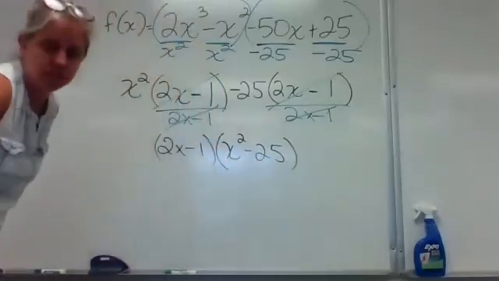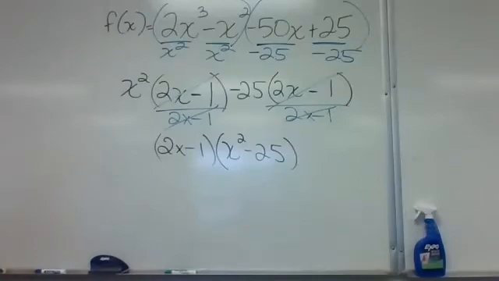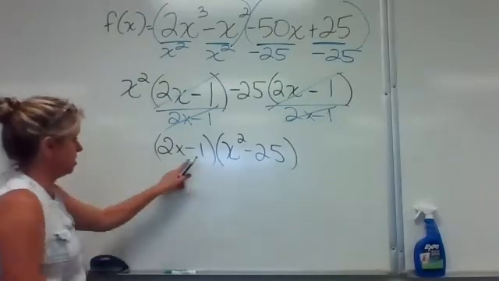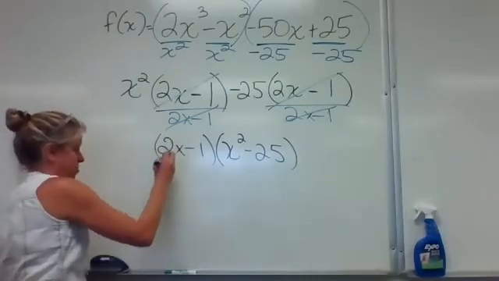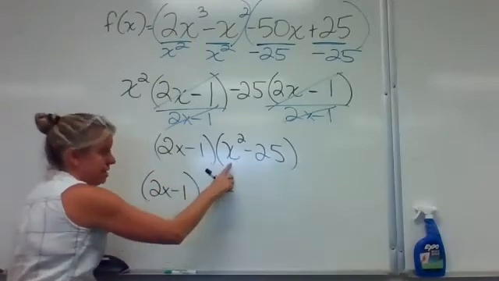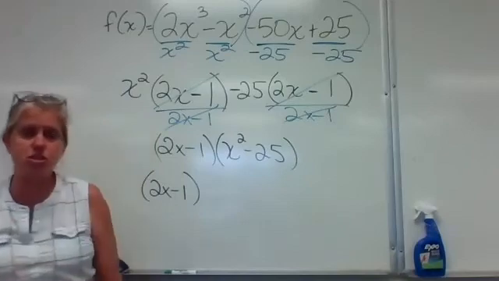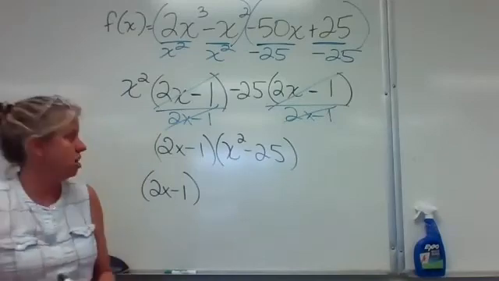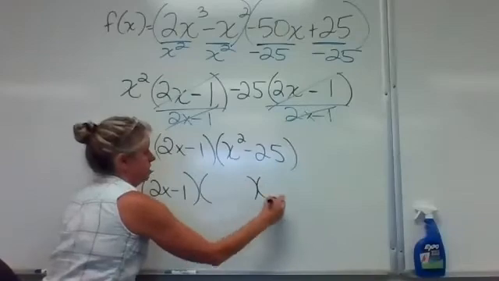Almost done. So this one's done, right? There's no inside exponent. This one is another difference of perfect squares. So let's see.